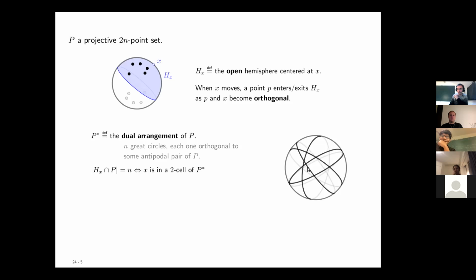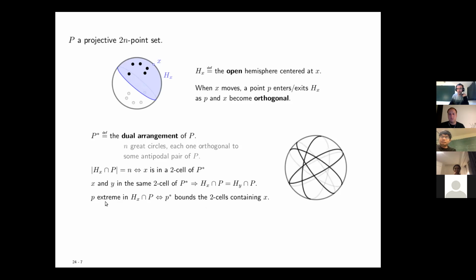So I will take x inside the two-dimensional cells of this arrangement. Now, if I take 2 points x and y in the same cell, I can move from x to y without becoming orthogonal to any of the 2n endpoints. That means that h_x and h_y will select the same subset of points.